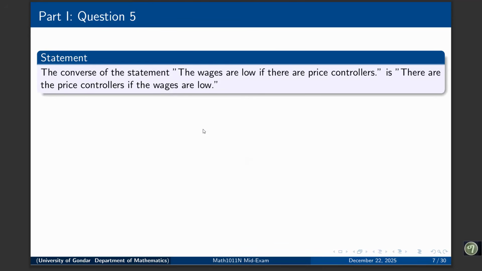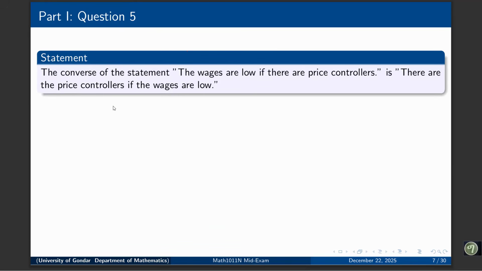The next one, question number 5. The converse of the statement "the wages are low if there are price controllers" is "there are price controllers if the wages are low."